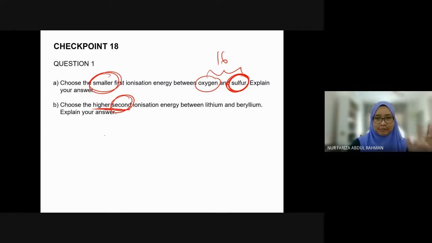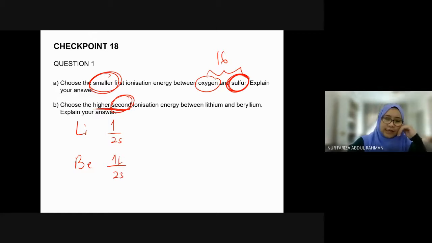Okay, orbital diagram lah. So lithium, we know that lithium come from group 1 kan. So the partial orbital diagram would be macam ini. This is beryllium, the partial orbital diagram is like this. This is group 2, this is group 1.